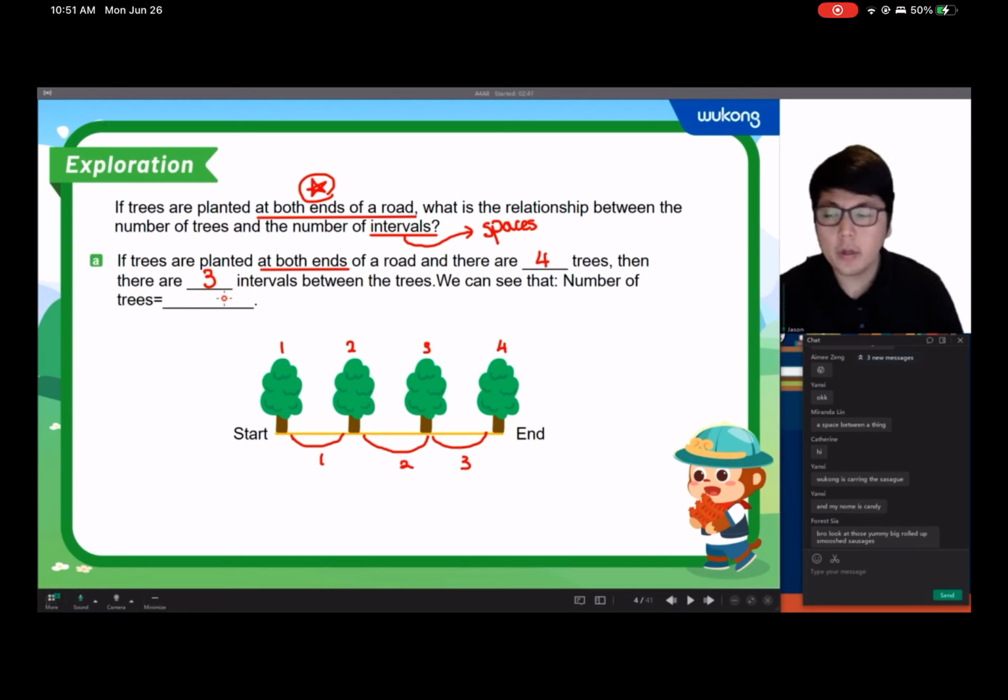So number of trees equals the number of intervals plus 1, right? Very easy. Very easy. Yep. So as you can see, you need to remember, guys, if you have trees at both ends, we have trees equal to intervals plus 1.